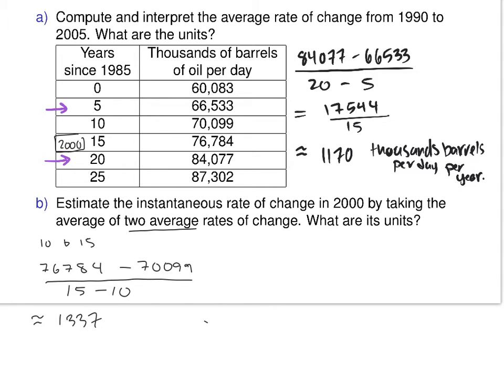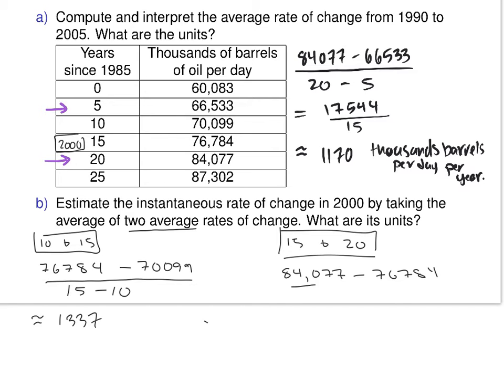Yep. Okay, great. And how about with 15 and 20? What two numbers get subtracted in the numerator? 84074 over 5 again, yep, over 20 minus 15.